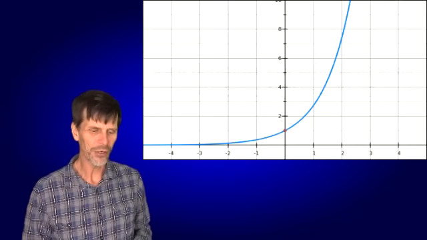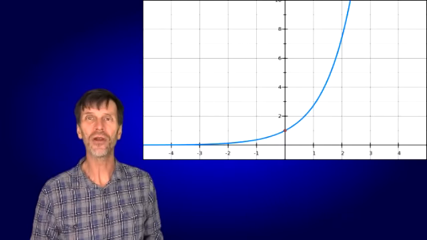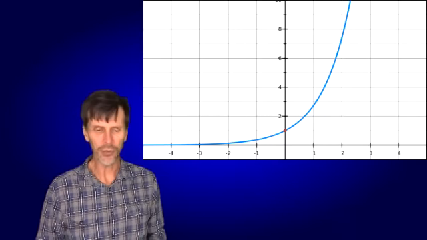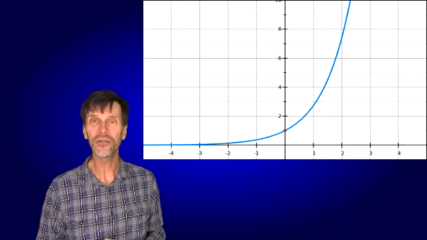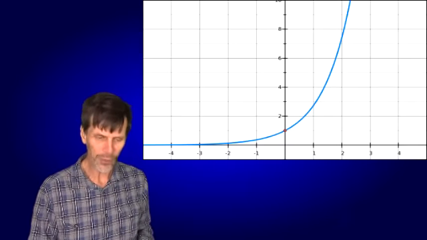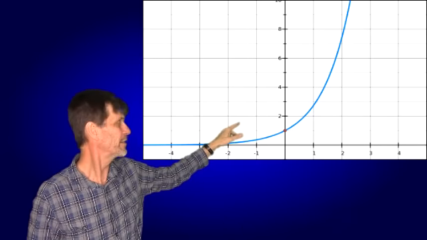Here's the graph one more time. Notice I have a little red circle right there at the ordered pair 0, 1. e to the 0 is equal to 1. Not only is that the value of the function, but that's also the value for the slope at x equals 0. So I'm going to go from this point right here at 0, 1.